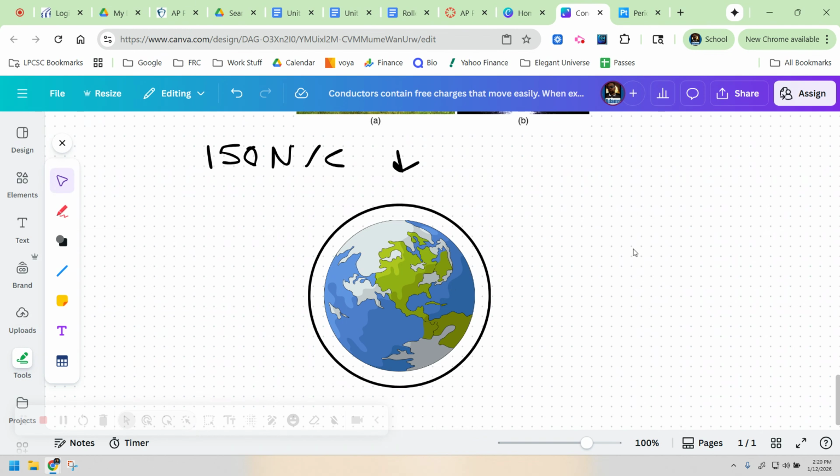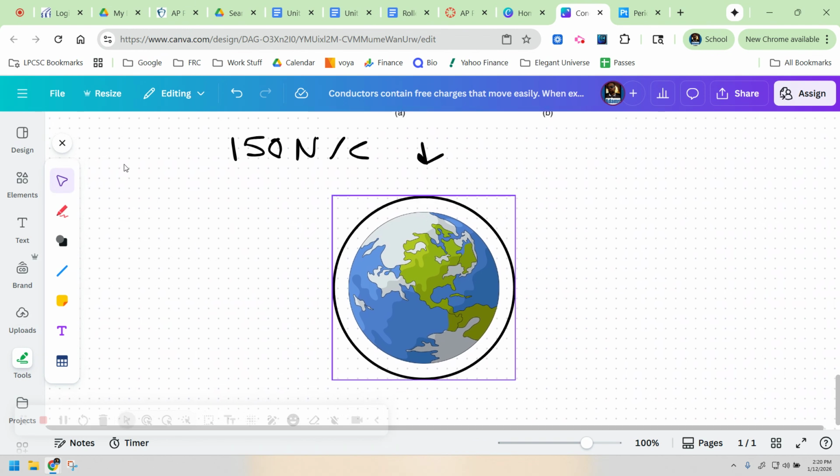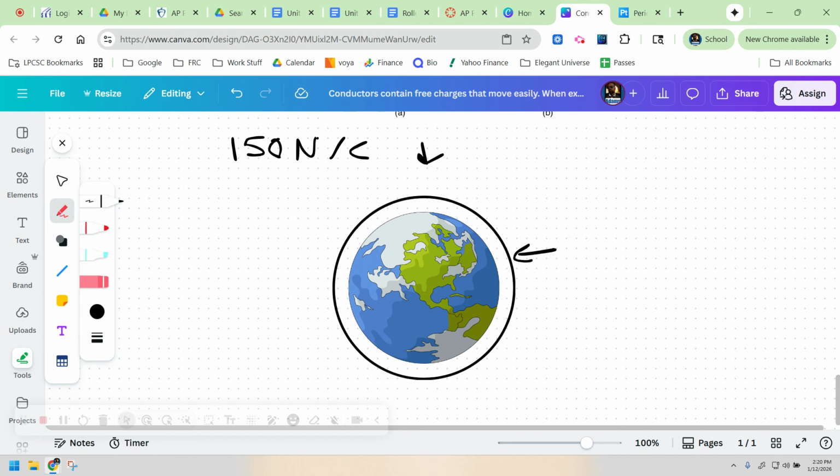So at about 100 kilometers, let me add some additional information here. At about 100 kilometers, we have charged particles, okay?